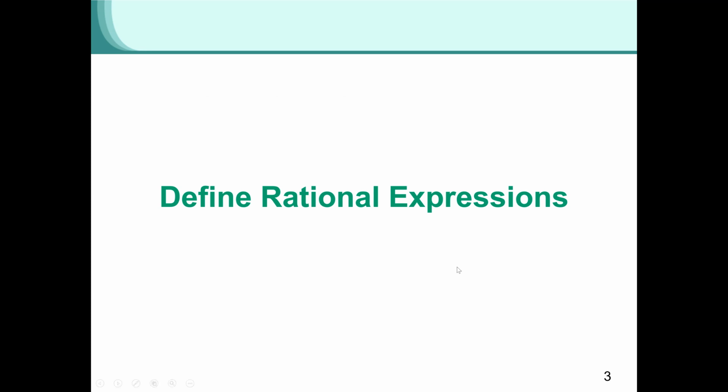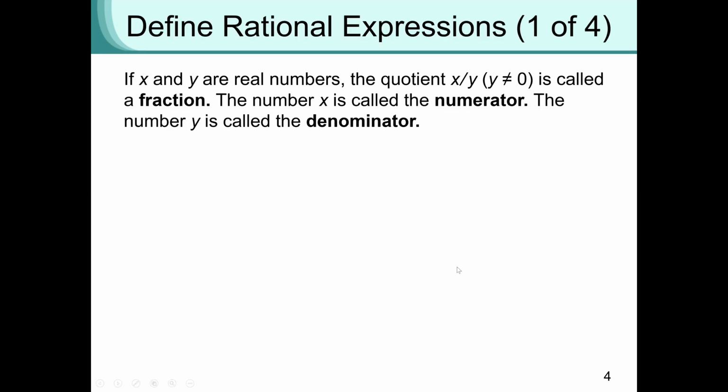So first, what is a rational expression? We are given a definition here. For example, if we have x and y variables, and these two variables are real numbers, then the quotient of x and y, which is x divided by y, as long as y is not equal to 0, is called a fraction.